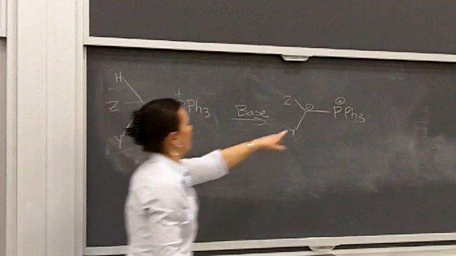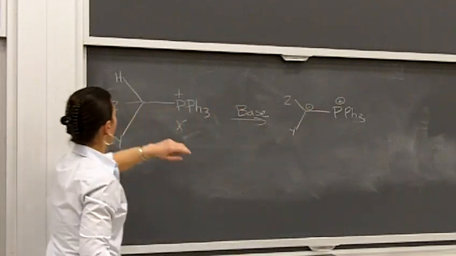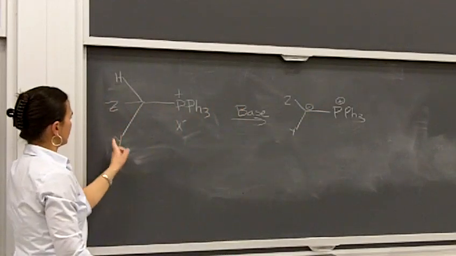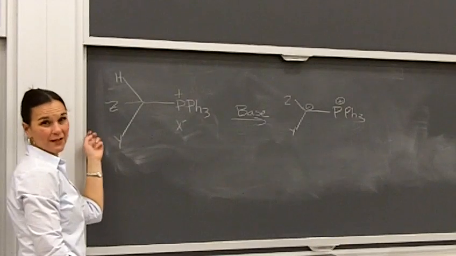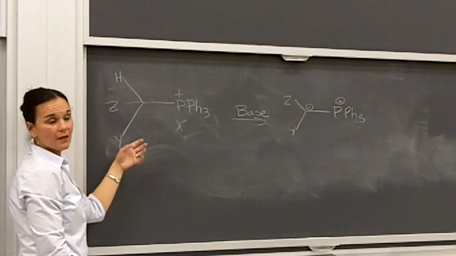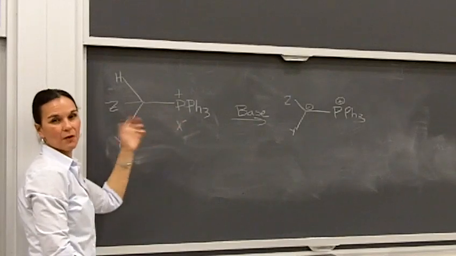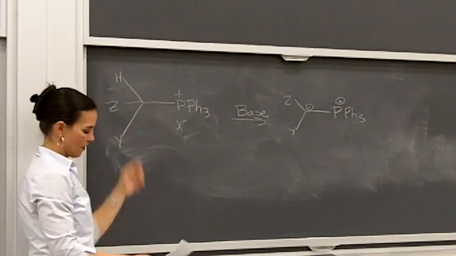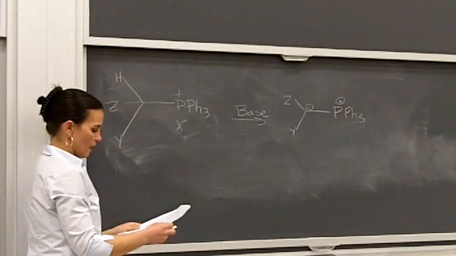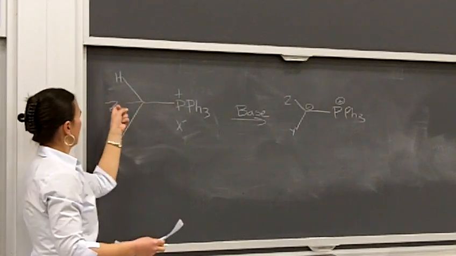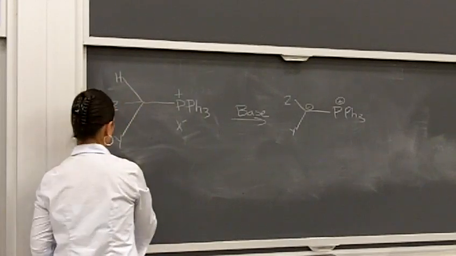That's how we get the charge here. Your Y and Z groups, if they're either protons or alkyl groups, this is not going to be a very stable situation, okay? So your ylid won't stick around very well, and it's considered to be unstabilized if Z and Y are alkyl groups.